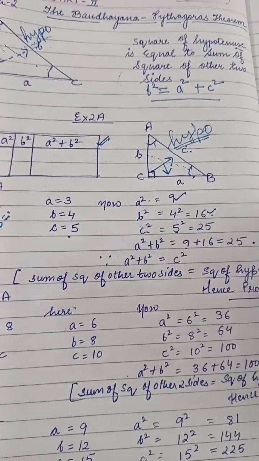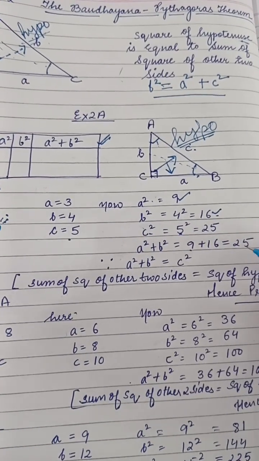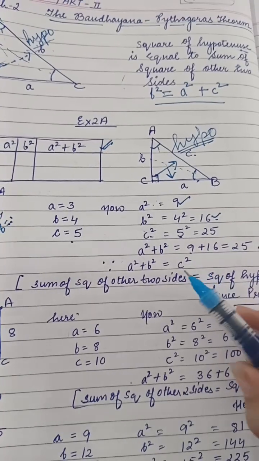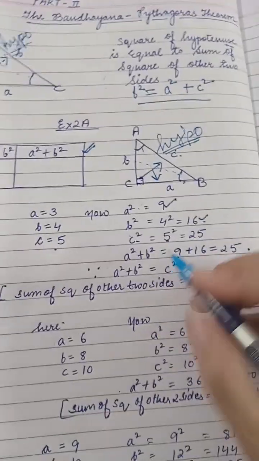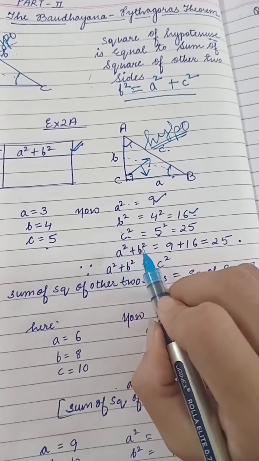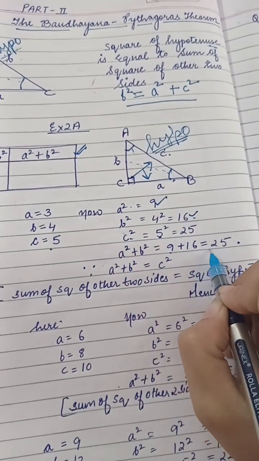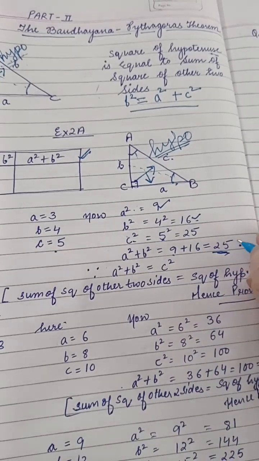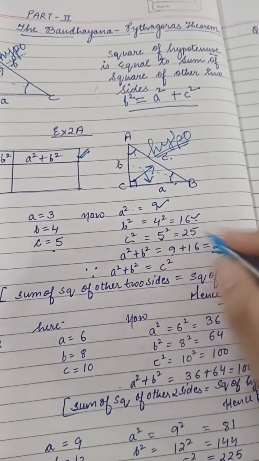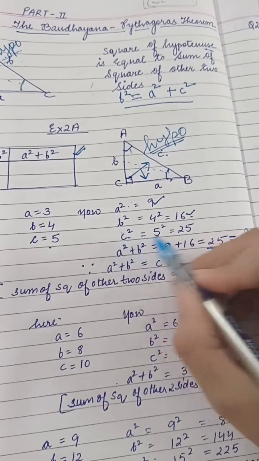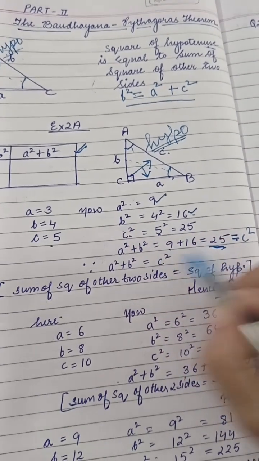Okay. Now you have to verify the Pythagoras theorem also. Yes or no? In this question you have to verify that. Now check this. Since A square plus B square is, what is the value of this? 25. And it is the value of C square. Yes or no? Check this. C square value is 25. So they are same.